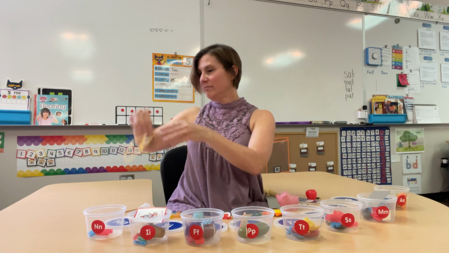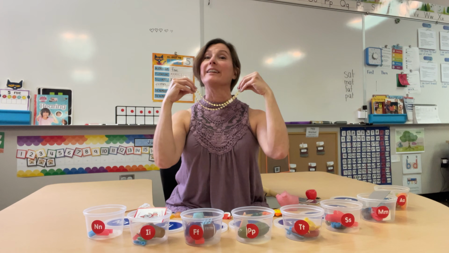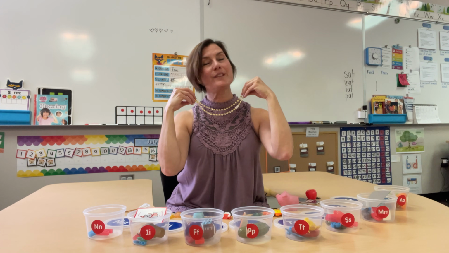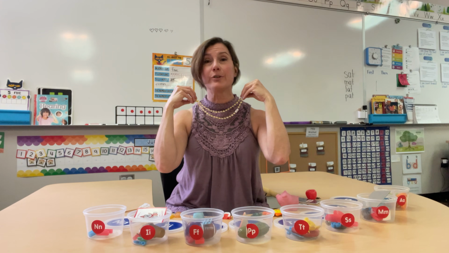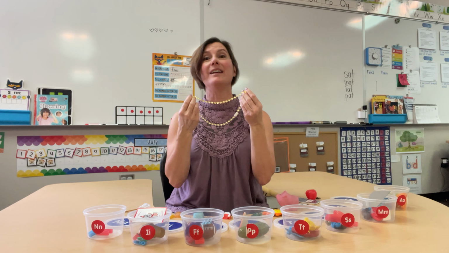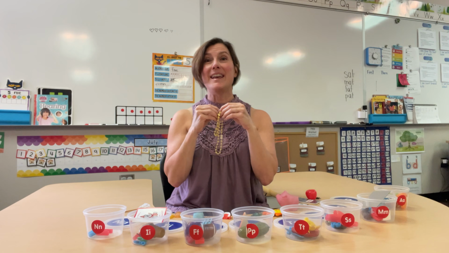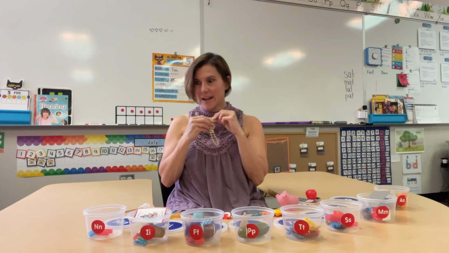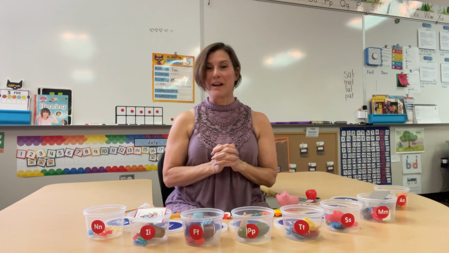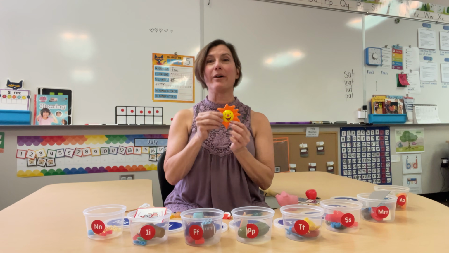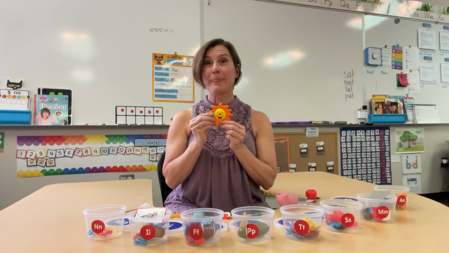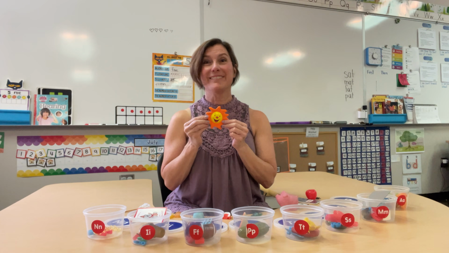Let's do this one. Necklace. It's a 2-syllable word, so we really have to listen closely for that beginning sound. Necklace. Let me find the N bin. Right there. Excellent. How about sun? Sun.